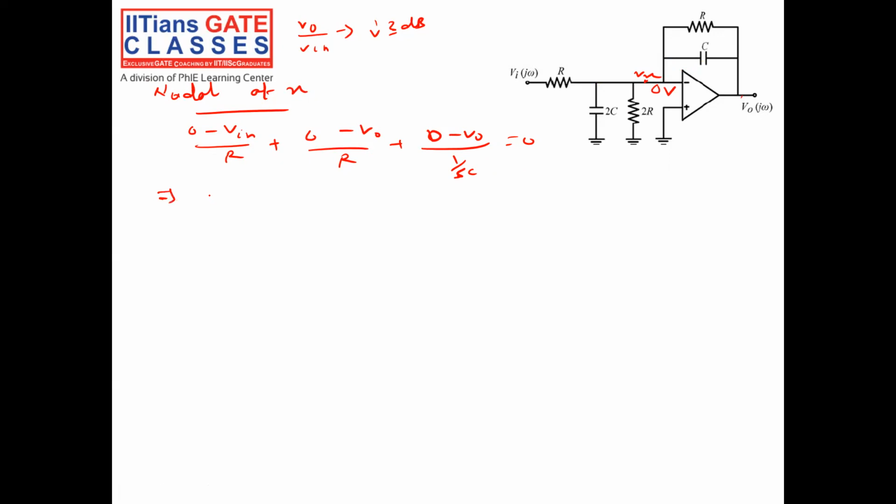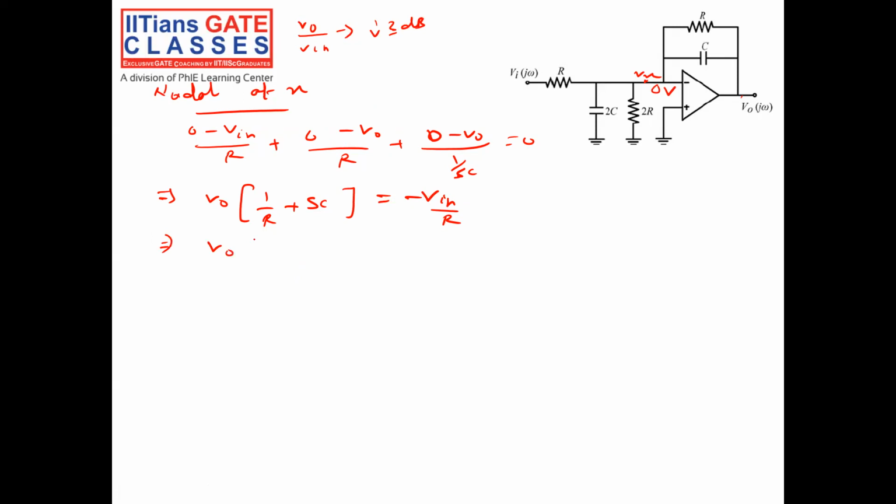Now V0 into (1 by R plus SC) is equal to minus Vin by R, because V0 by R and V0 by SC I have taken to the right side, so they become positive and the minus remains.